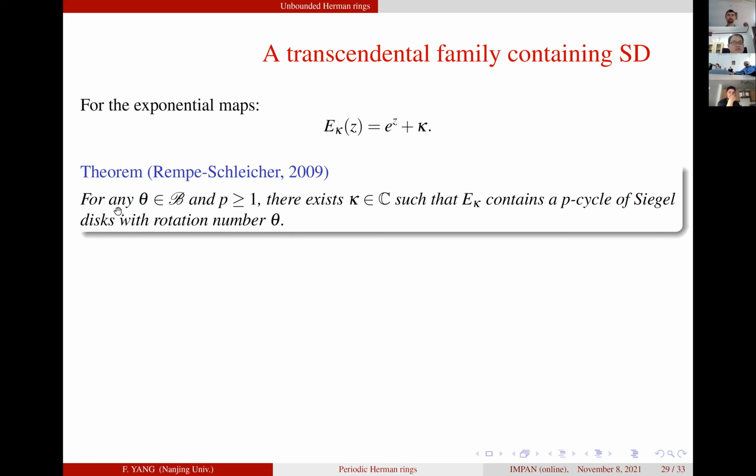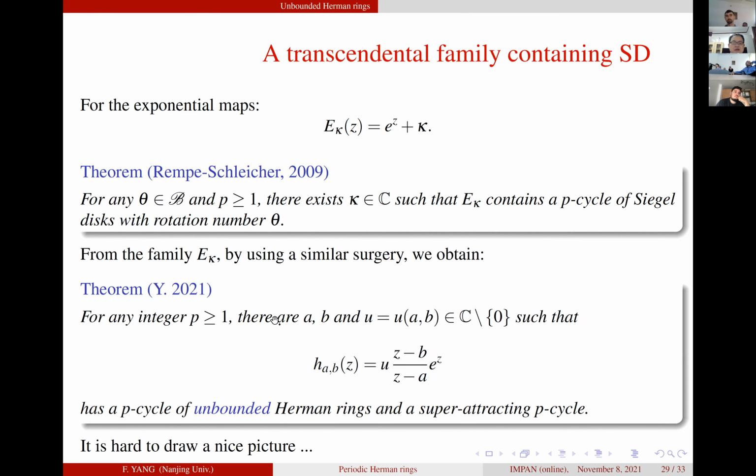They proved for any theta equals p over q, there exists kappa such that the exponential family contains a p-cycle of Siegel disks with rotation number theta. So if we have this result, then we can produce a family of transcendental meromorphic functions such that they have a p-cycle of Herman rings and the super-attracting p-cycle.